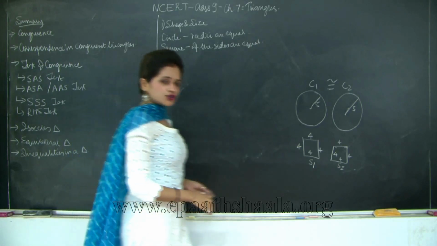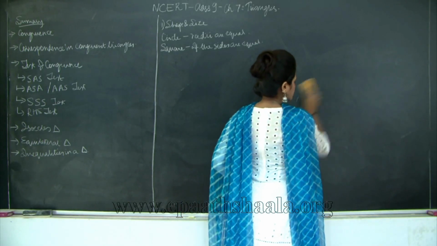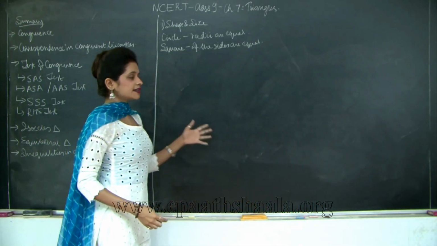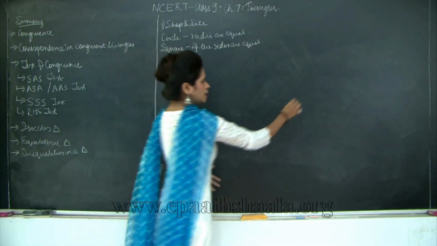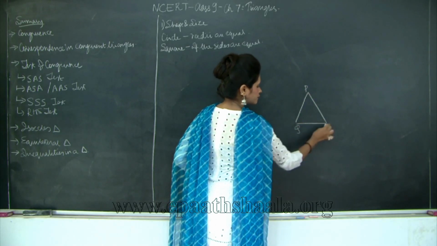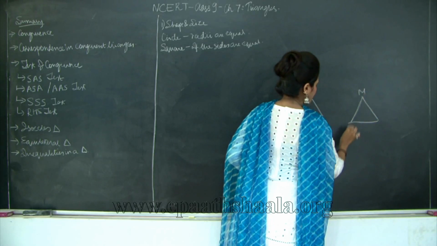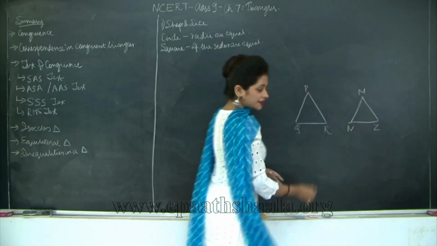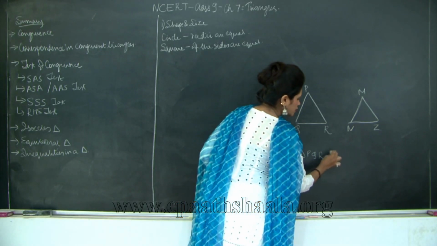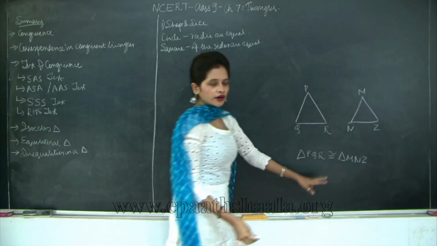Similarly, if I have two triangles, then two triangles can be proved congruent using different tests of congruency. But when two triangles are congruent, the correspondence is very important. For example, if I say that triangle PQR is congruent to triangle MNZ, then what does this mean?